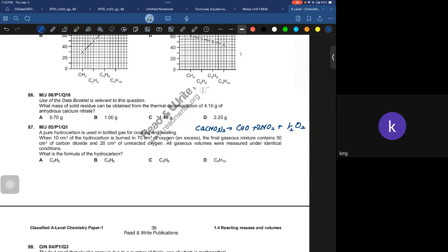Of course, the solid residue is calcium oxide because the rest of the products are gases. So you can calculate the mass of calcium oxide. Simple.